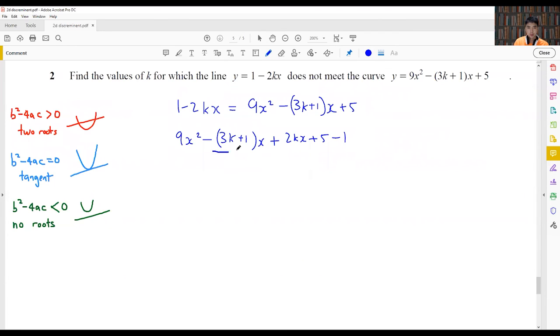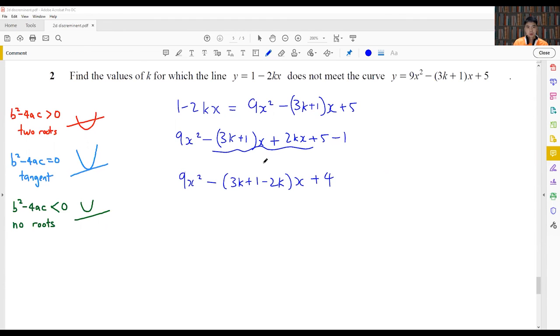Okay, group this up one more time. 9x squared minus (3k plus 1) minus k, I've got to assume, because when you open the bracket, you get back positive k. Then plus 4.